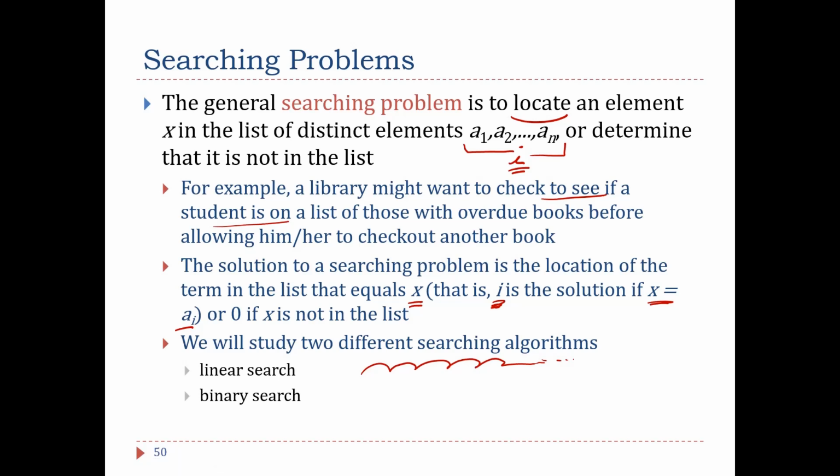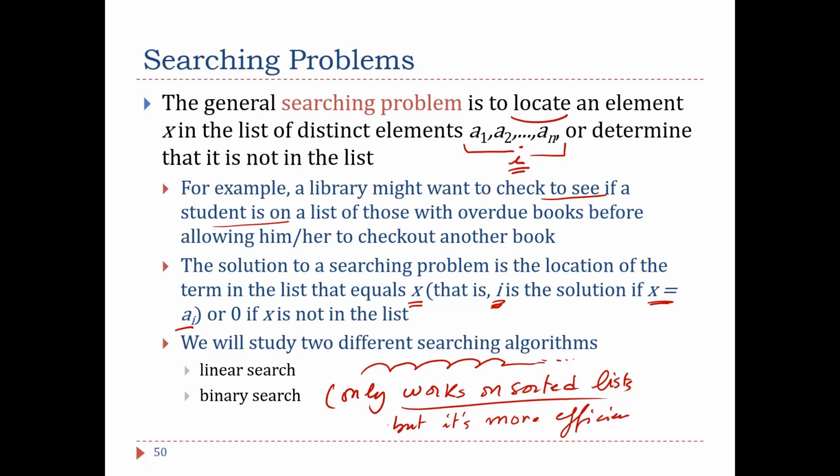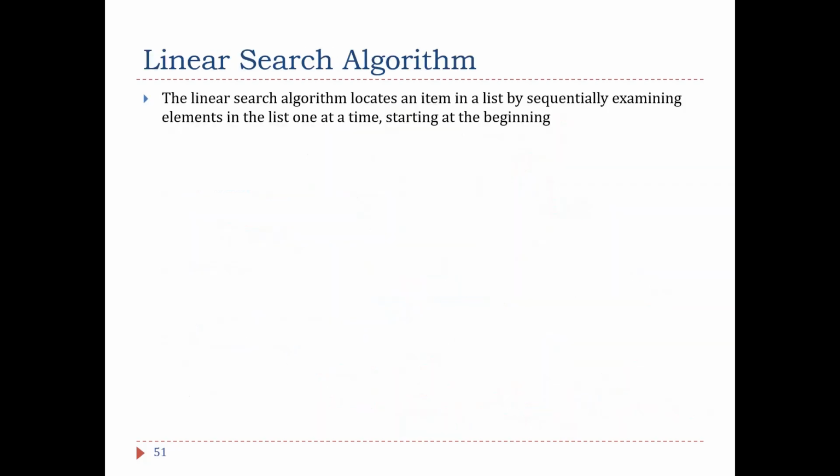It only works when the array or the list is sorted, so it does not apply all the time. But actually you will see that it is much more efficient than linear search. We'll see this later on.